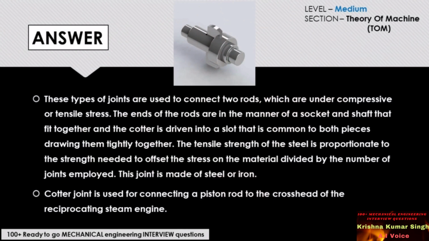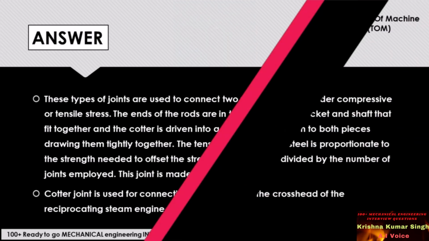The tensile strength of the steel is proportionate to the strength needed to offset the stress on the material, divided by the number of joints employed. This joint is made of steel or iron. Cotter joint is used for connecting a piston rod to the crosshead of the reciprocating steam engine.